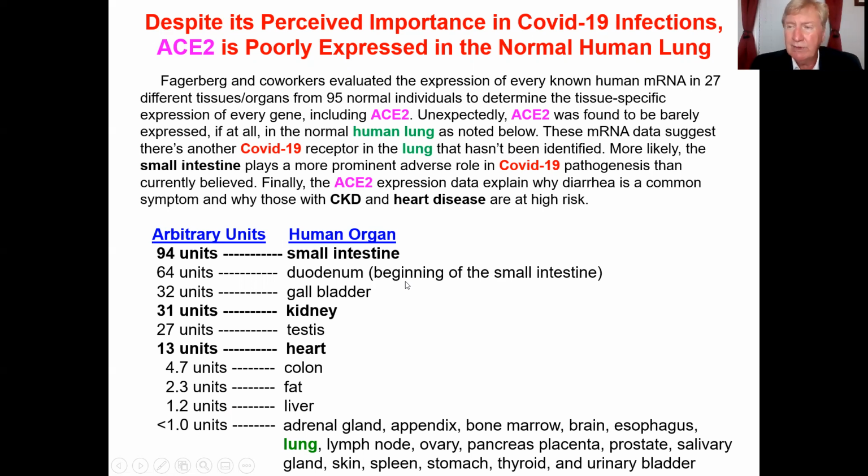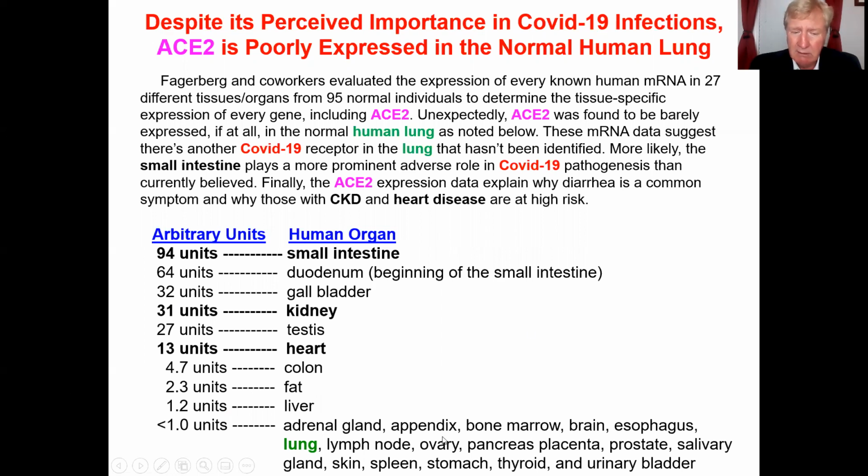Now, we know that people who are infected with COVID-19 have severe lung problems, and the belief was that this was due to the virus binding to ACE2 in the lungs. But when you look at the expression of ACE2, it's not expressed in the lung at all, or only in very small amounts. It's actually expressed in the small intestine, the kidney, the heart, and those tissues.